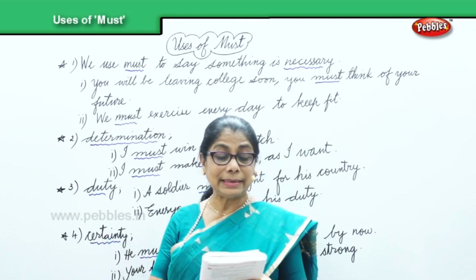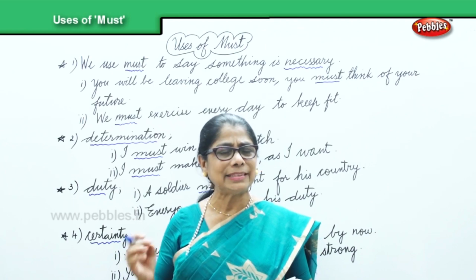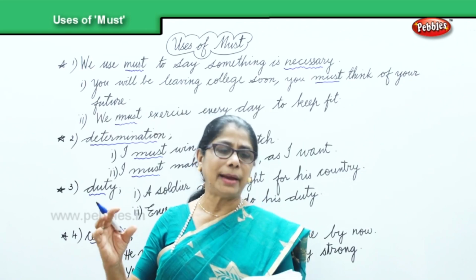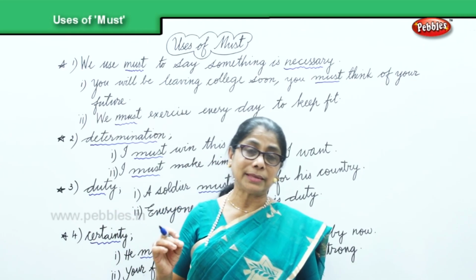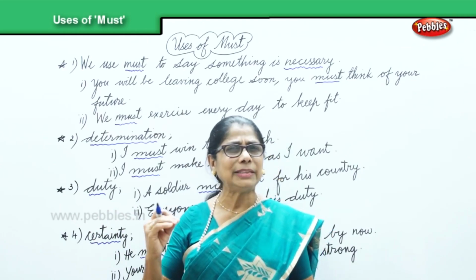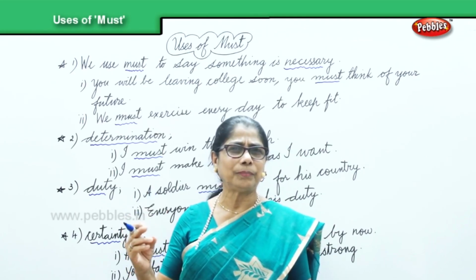That is necessary. Second, determination. In determination sentences, we use must. I must win this match. Or I must make him do as I want. Or I must pass my examination. Or I must win the race.